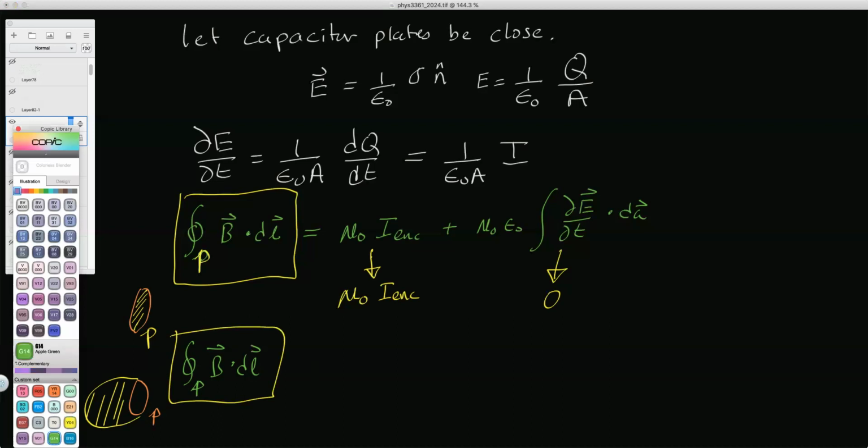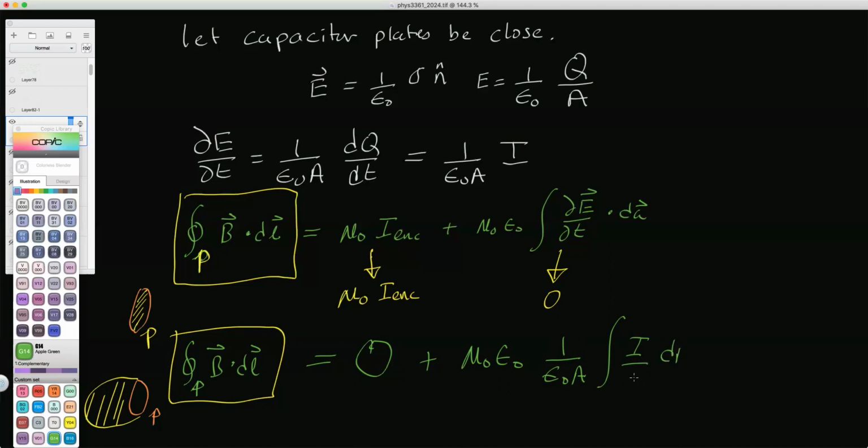But on this side, there's no I enclosed, so this term is 0, plus μ0 ε0. But dE/dt is 1 over ε0 A, and then we have the integral of I over A dA.